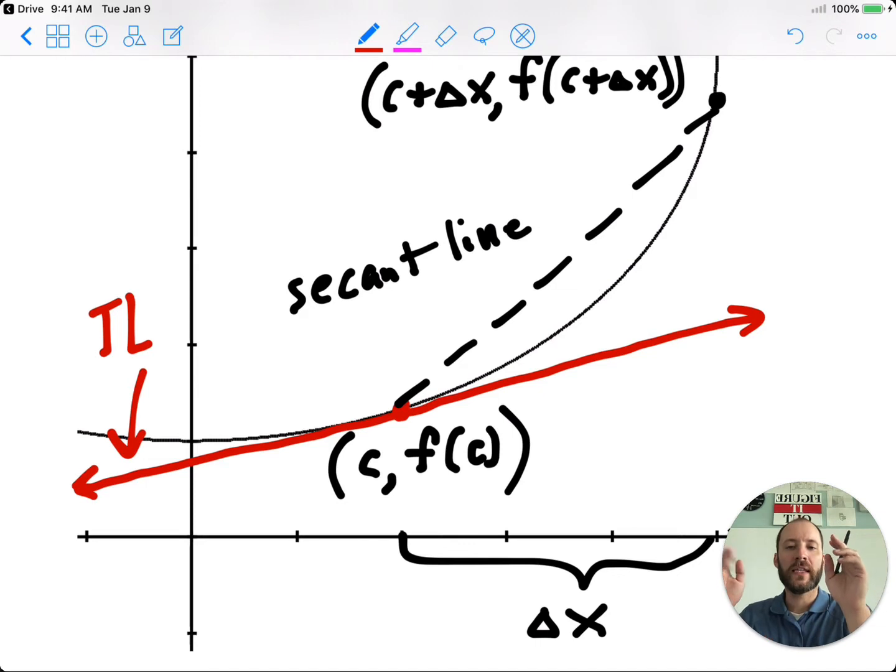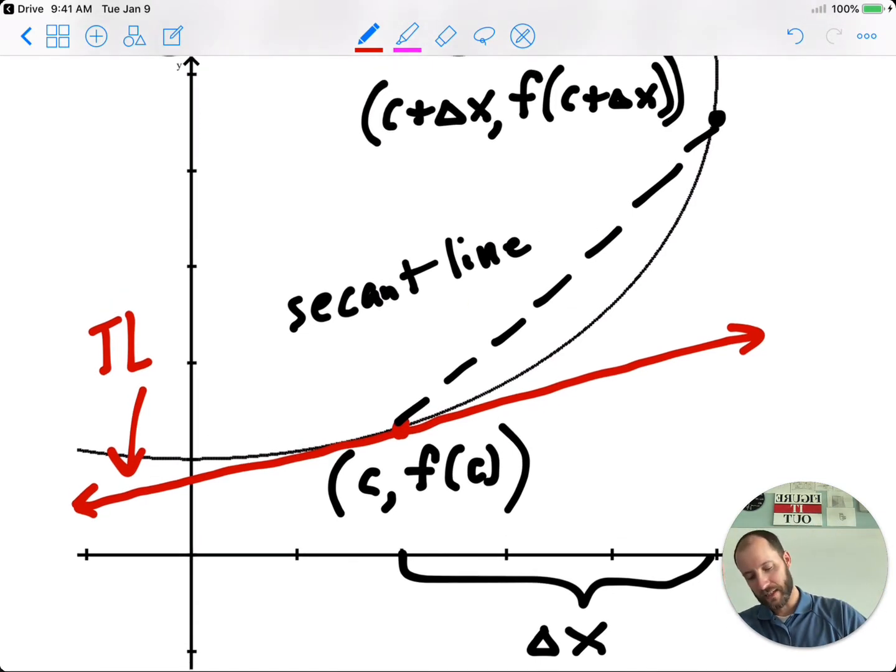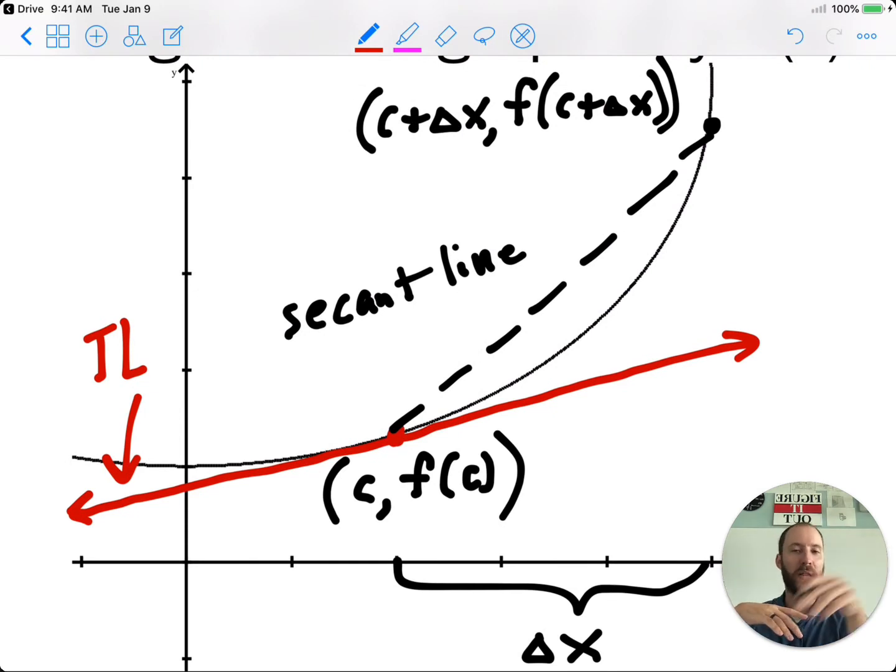And the algebraist will then use that secant line, so the dotted black line, the two endpoints, to calculate the slope. Now that black dotted line, that red tangent line, they're both positive, and that's about all they have in common.